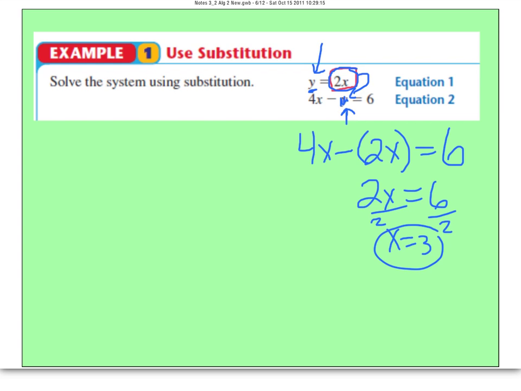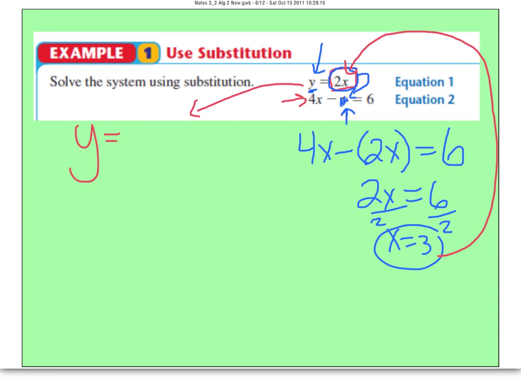So then step 3 said, take that answer that you got from the second equation and put it back into this first one here to see what y is. If you do that, you're going to get that y equals 2 times the 3, or 6.